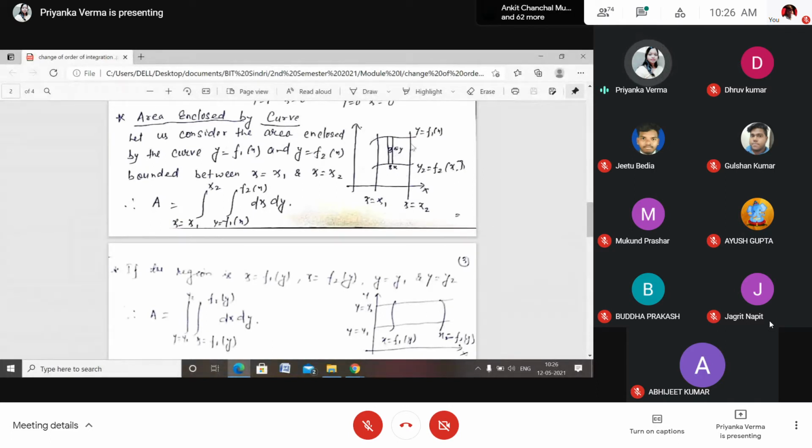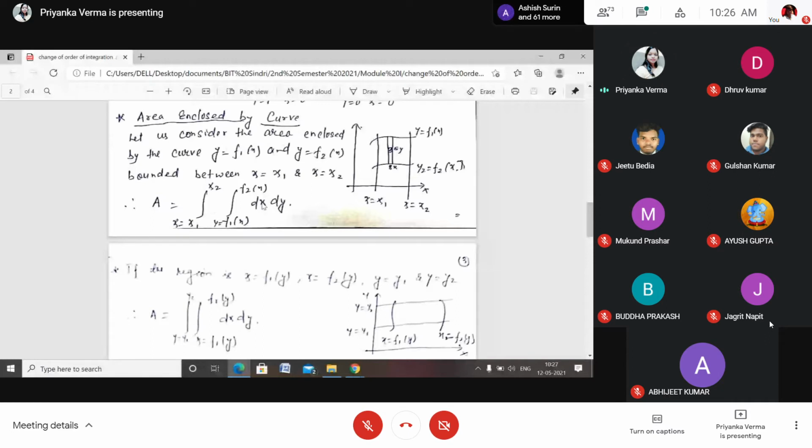So the total area covered by this region will tend to the double integral of dx dy over the region R. Why? Because the area of this small lamina is delta x delta y, and if it is covered by the whole region, then it will be the double integral of dx dy.